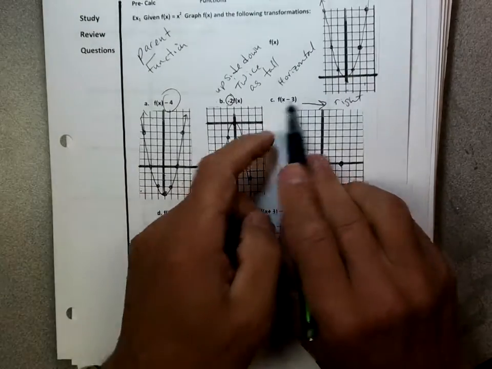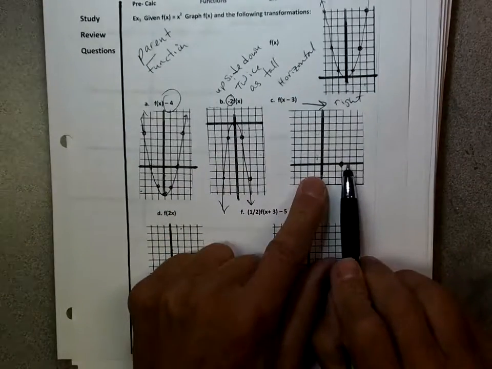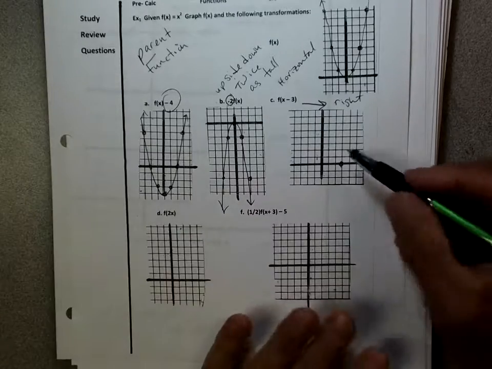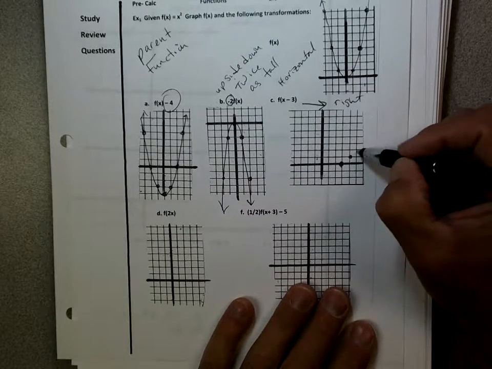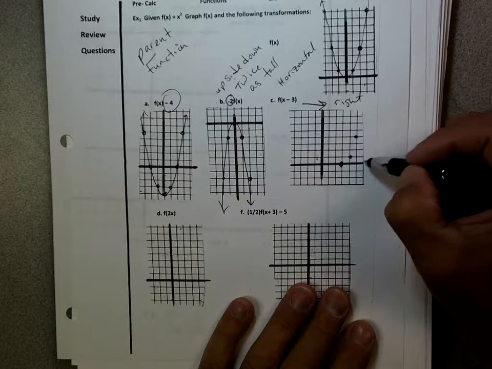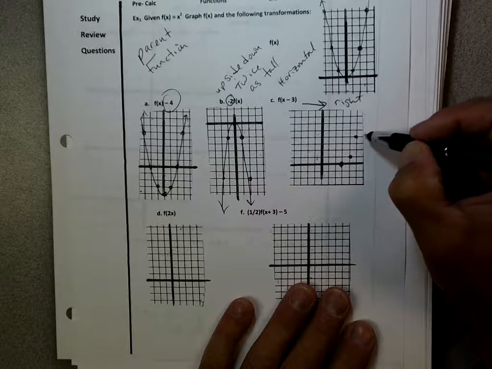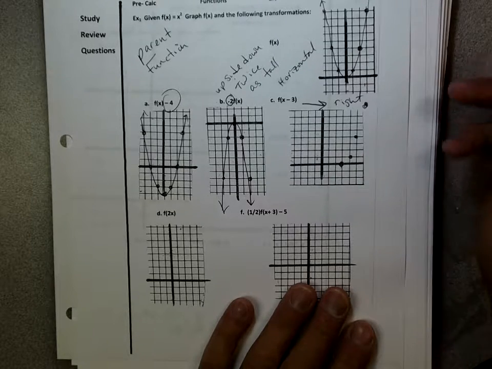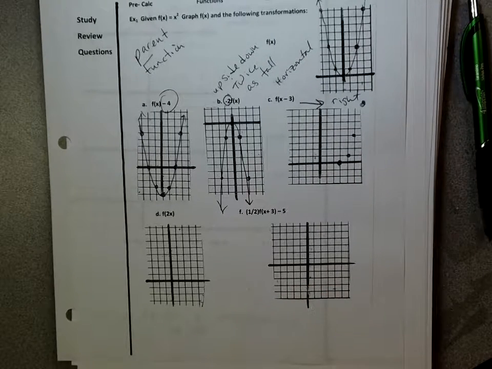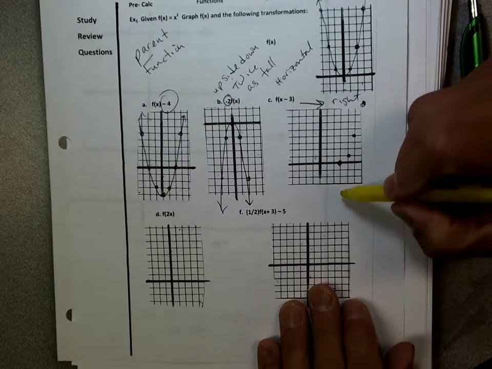So now we're going to do the same thing. All we did is we took this parabola, we moved it to the right 3, and we're going to graph it like we always do. We're going to do my 1, 1, my 2, 4, my 3, 9. It has an axis of symmetry. Oh, fancy word. Axis of symmetry.